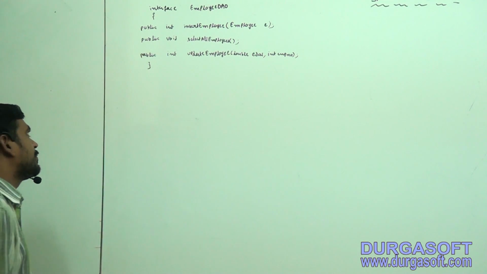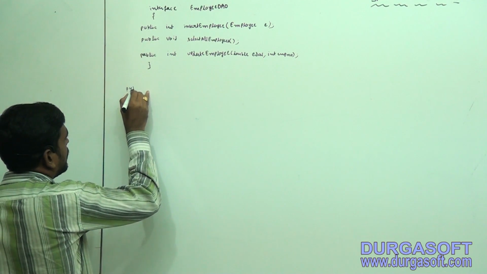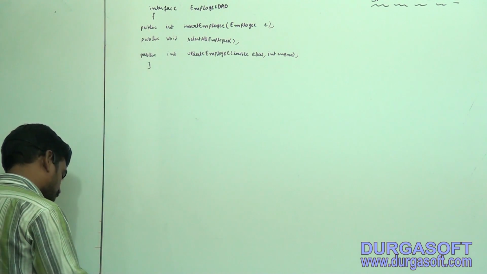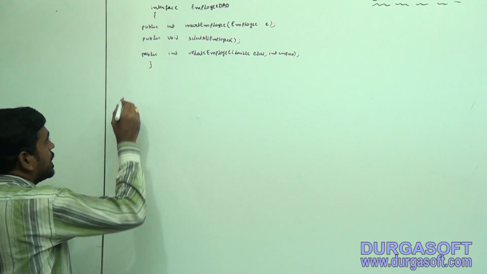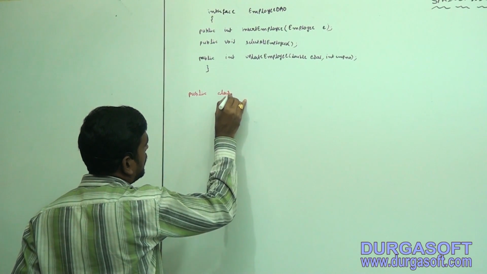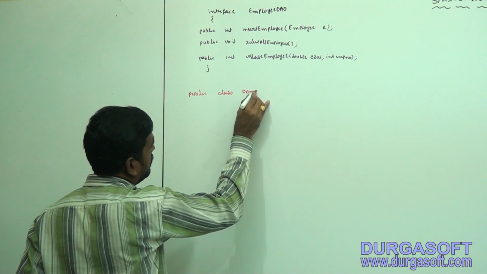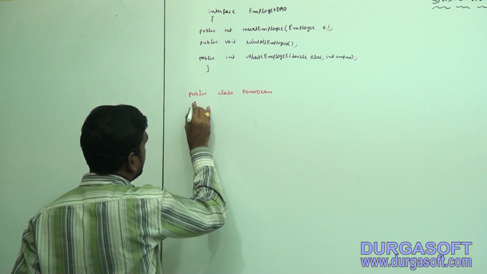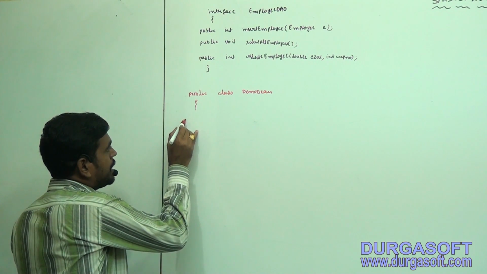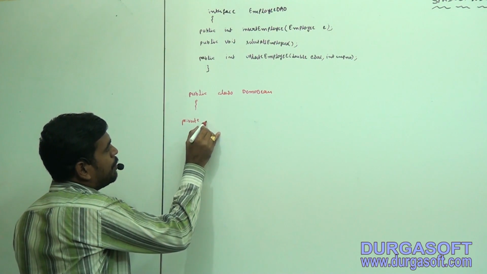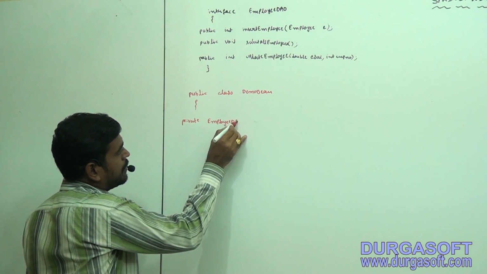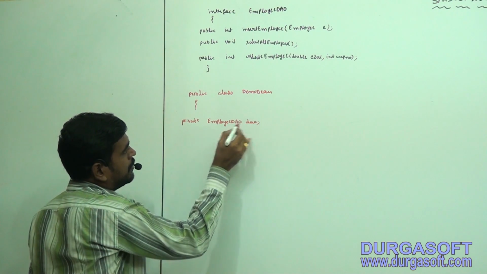Then next, after that we have to take the business component, public class DemoBean. The next, private EmployeeDAO.